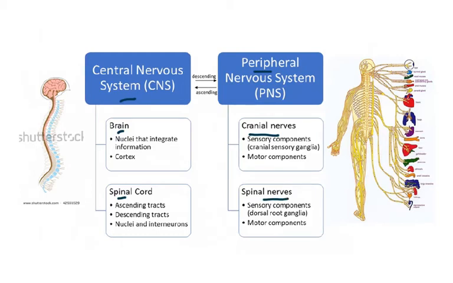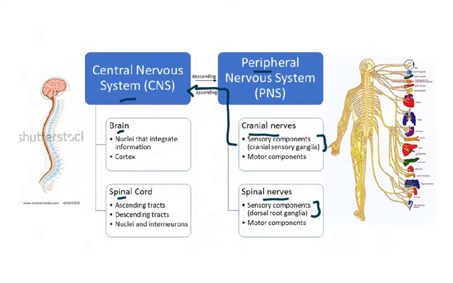And we've spent quite a bit of time talking about these sensory components. So the sensory components are those sensory nerves that are connected to the dorsal root ganglia or the sensory ganglia, the cranial sensory ganglia out in the peripheral nervous system. These send their information into the central nervous system via the ascending tracts.